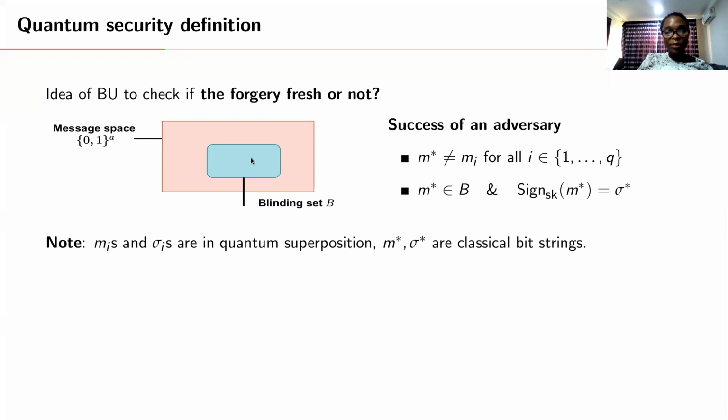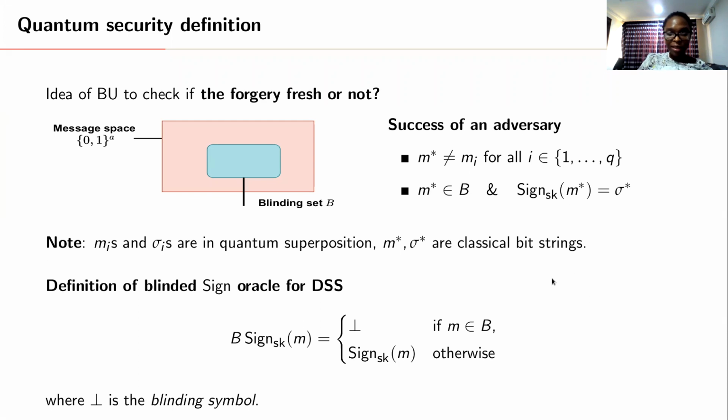So under this definition, an adversary can succeed if the message it comes out with is different from all the queried ones, the message belongs to the blinding set, and the signature is correct. So let us more formally define the blind unforgeability notion for digital signature schemes.